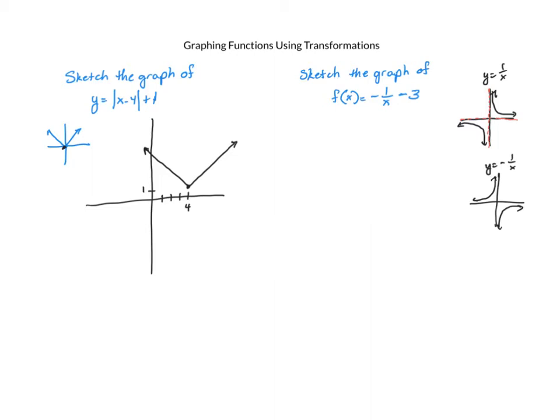So I've taken care of that reflection, but now I'm going to handle this. This tells me that the graph has been shifted down 3 units. So I'm going to make sure that this horizontal asymptote right here gets shifted down 3. Let's take care when we draw that. So here's my grid, or my axes, and I'm going to draw a horizontal asymptote down 3.